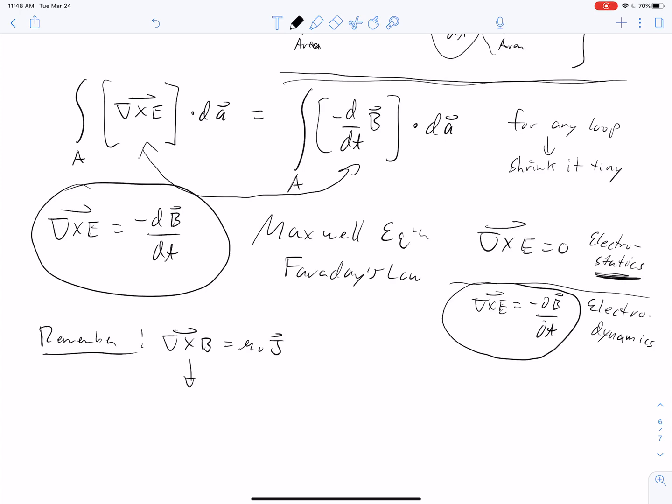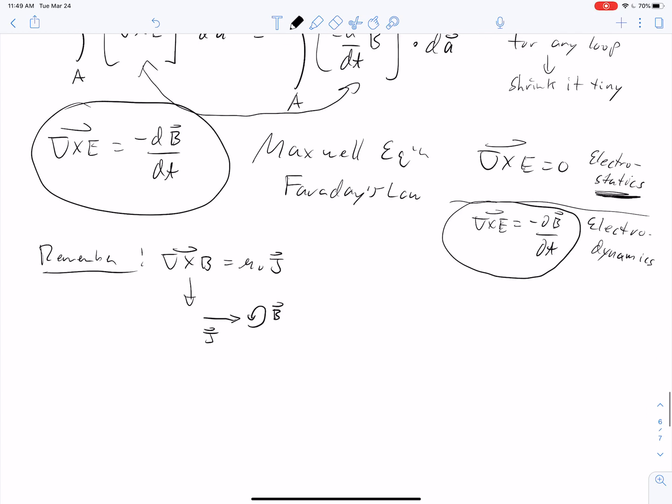We see that if I have some current density J, then that creates curl in my B field. So this is a geometry that you guys remember. So what we do is we say that J creates curl in B. Okay, we all know that. That's the one that is kind of easy to remember.